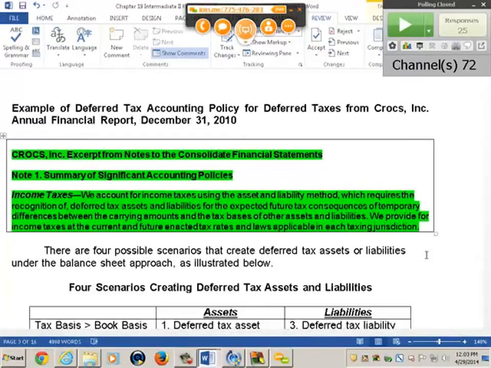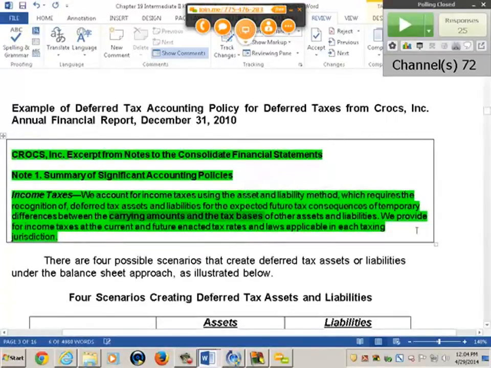It tells you that when you account for income taxes using the asset and liability method, which requires the recognition of deferred tax assets and liabilities for expected future tax consequences of temporary differences between the carrying amount and the tax bases. So you notice they didn't say it's the difference between expenses and revenues. They said it's the difference between the carrying amount and the tax bases of assets and liabilities.